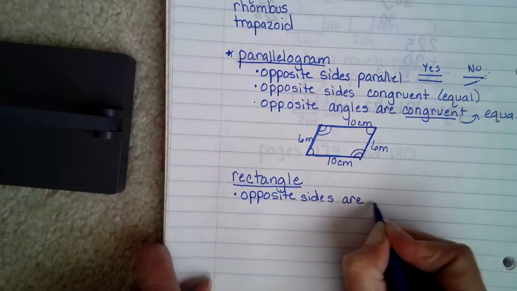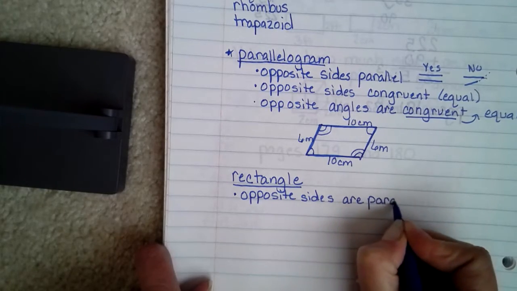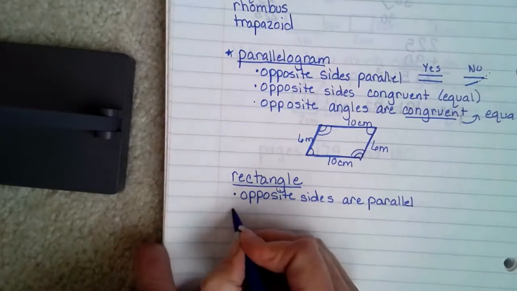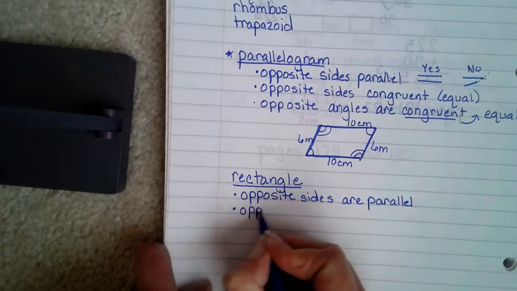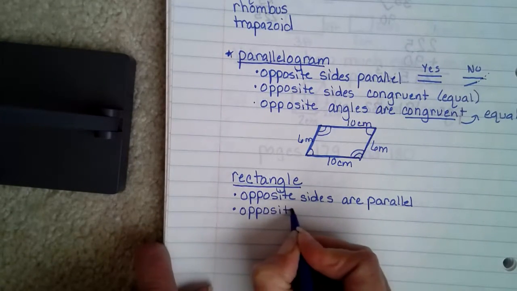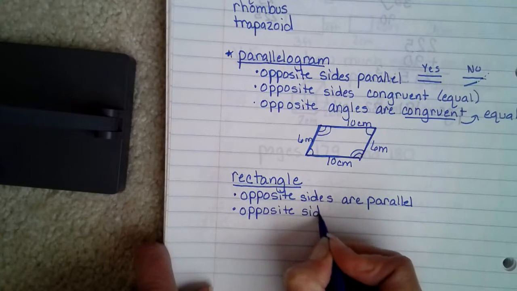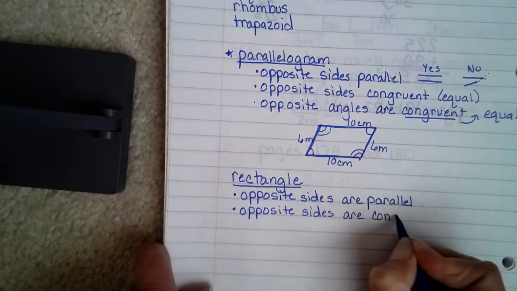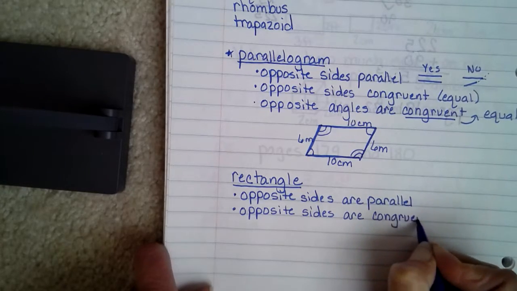Opposite sides are congruent, so they're equal, just like in the parallelogram.